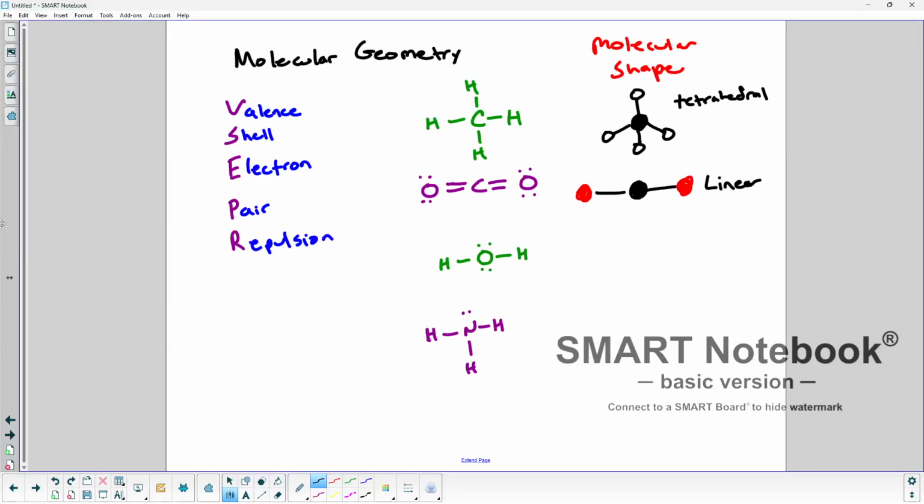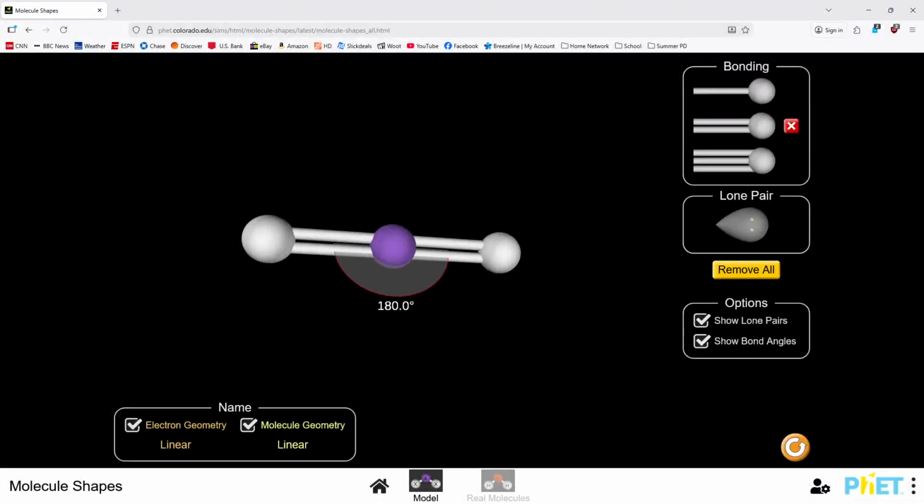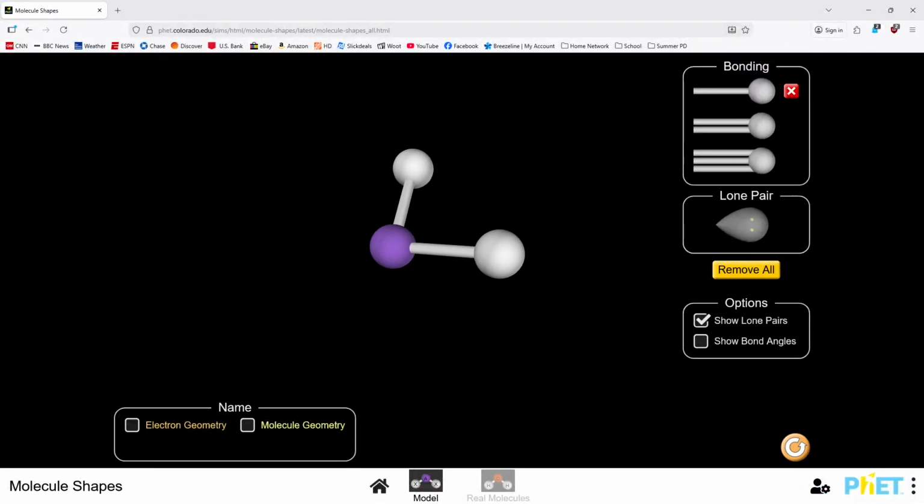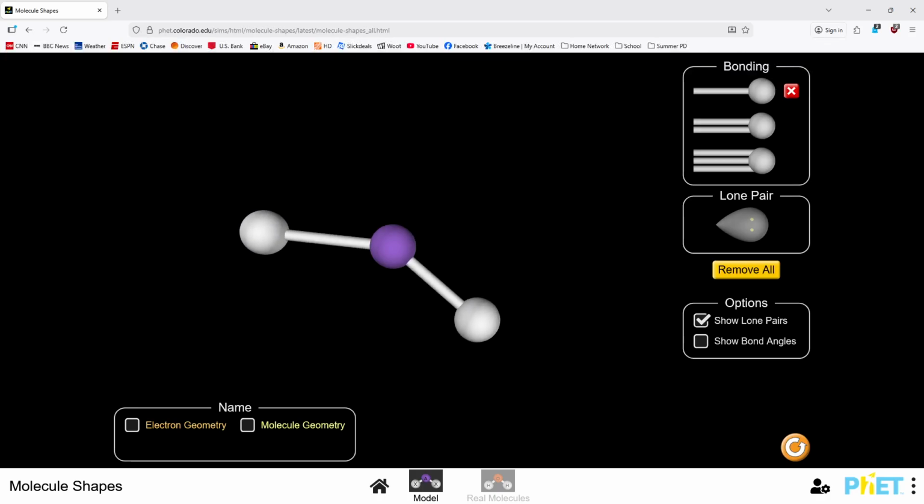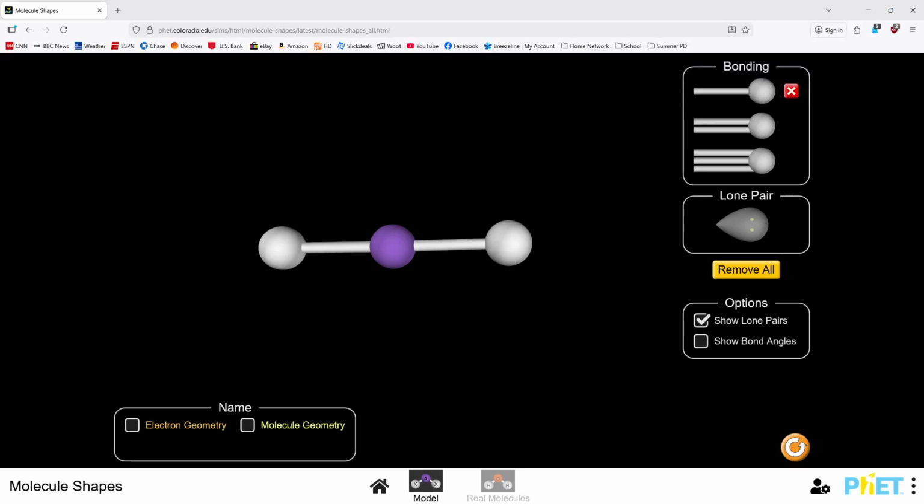So if we go back and we map out water, I'm going to clear everything. We'll put in the two bonds. And yes, if it was just the two bonds, that would in fact be linear. But it doesn't just have two bonds. It has two unshared electron pairs. In other words, two pairs of electrons that aren't in bonds.